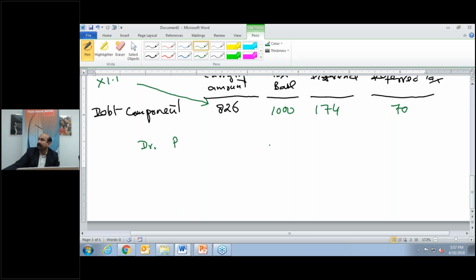Yes, deferred tax liability is decreased by 30.